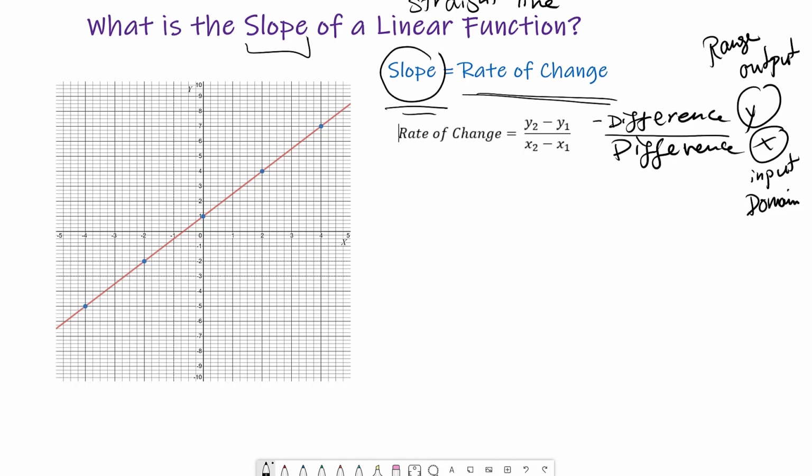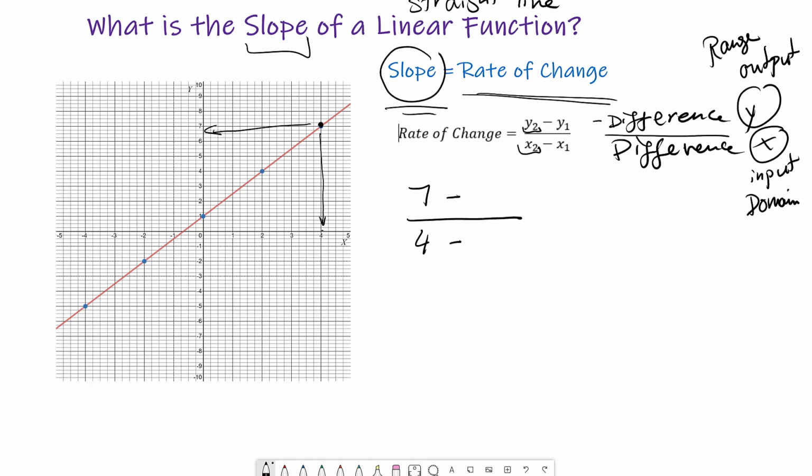For instance, we're going to look at a y2 and an x2. That will be this point here. So y2 is 7 minus, and we're going to put in a y1 in a moment, but in the denominator our x2 is just 4. We can look at our axes, 7 and 4.